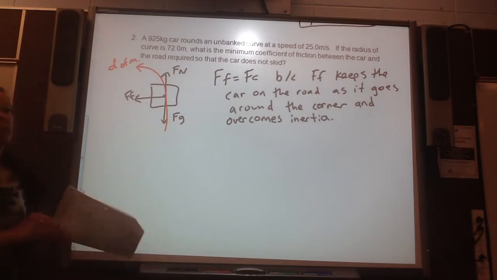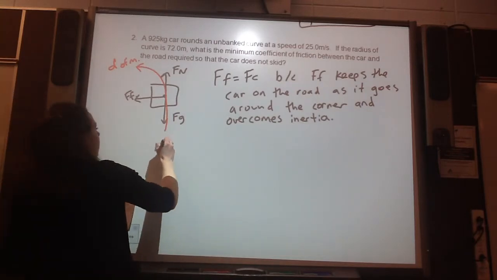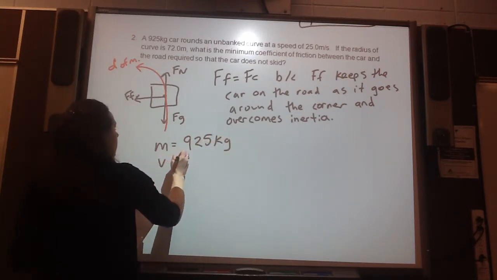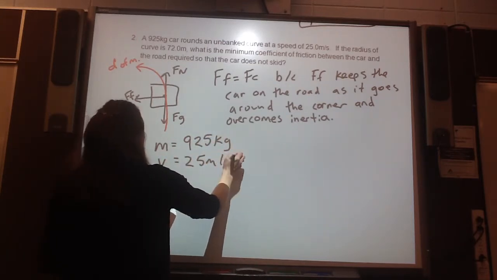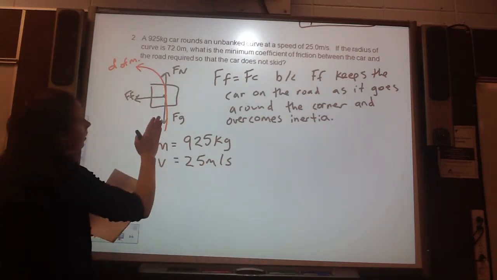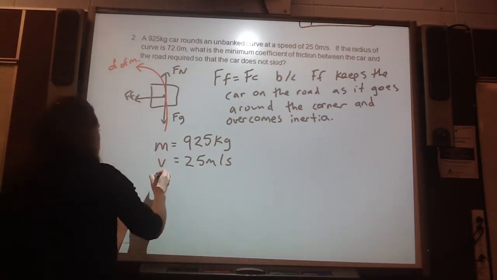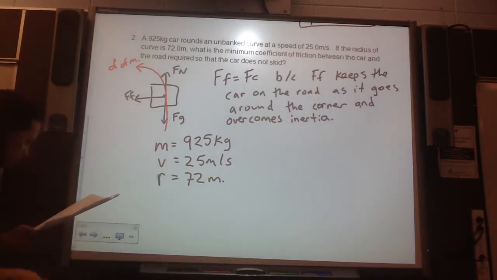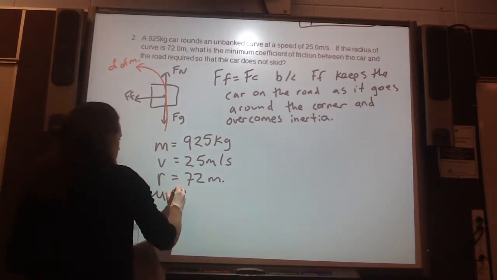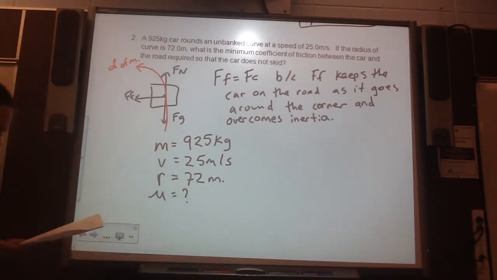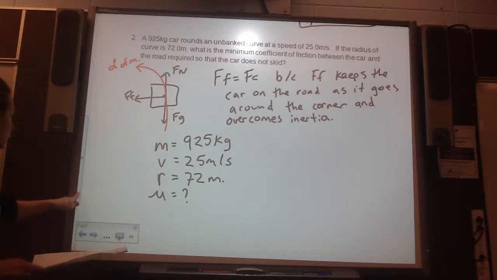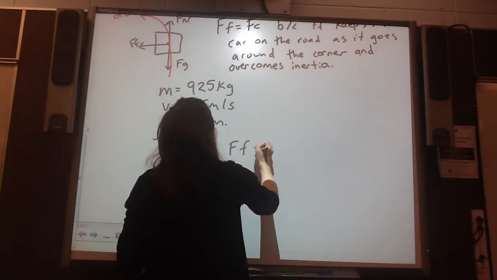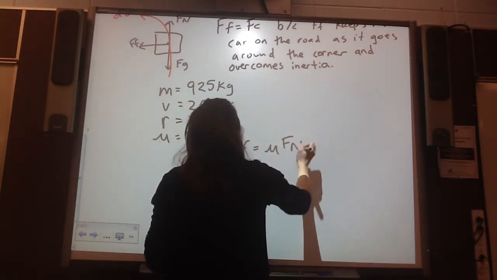So now let's do the math part. We have our mass equal to 925 kilograms, our v is 25 meters per second, and the radius of the curve is 72 meters. We're trying to find mu. In order to find mu, we need the formula FF is equal to mu Fn.